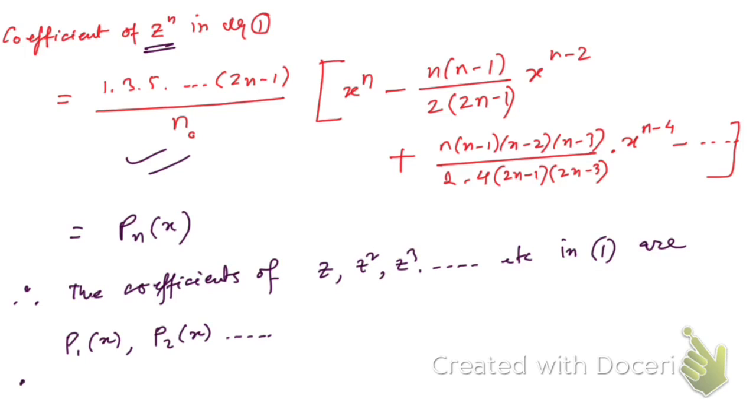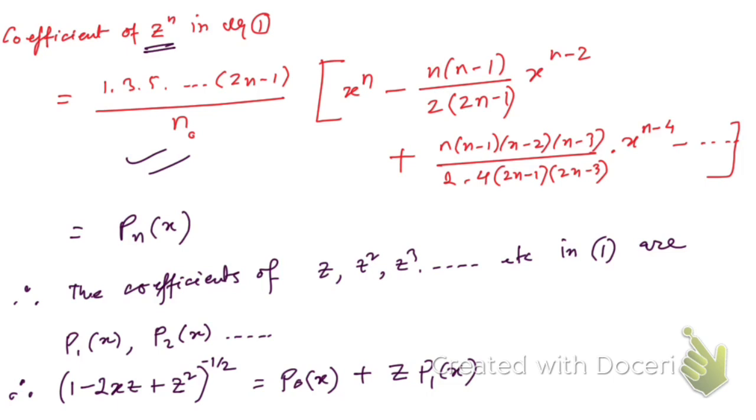Therefore we can write this expansion: 1 minus twice xz plus z to the power 2, whole to the power minus half, is equal to P0 of x, the term which doesn't contain z, that means z to the power 0, plus z into P1 of x, because in this expansion the coefficient of z to the power 1 is P1 of x, because the coefficient of z to the power n is this Pn of x.